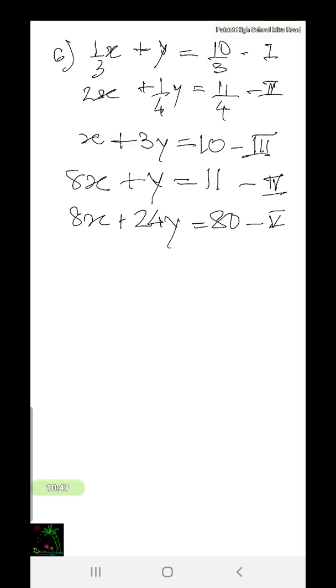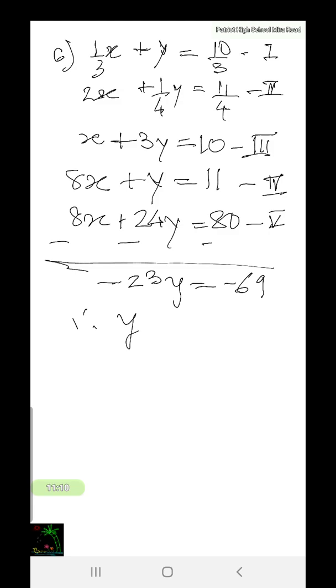Subtracting equation 5 from equation 4, we will get all the signs minus over here, and 8x will get eliminated. So we have minus 23y is equal to minus 69. Therefore y is equal to 3.